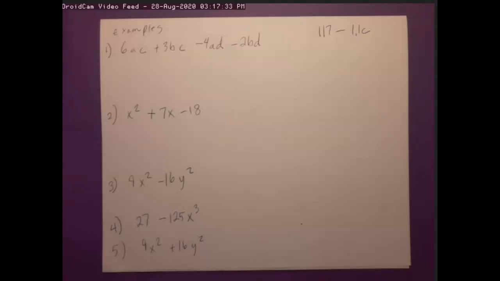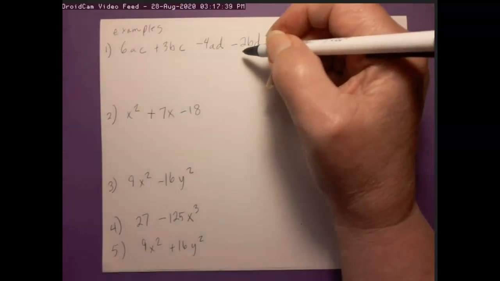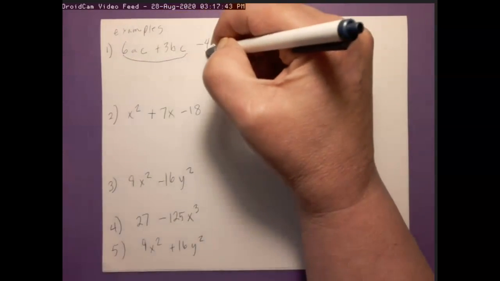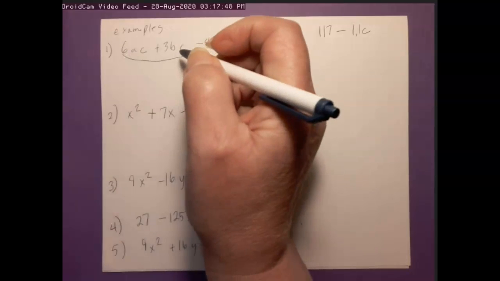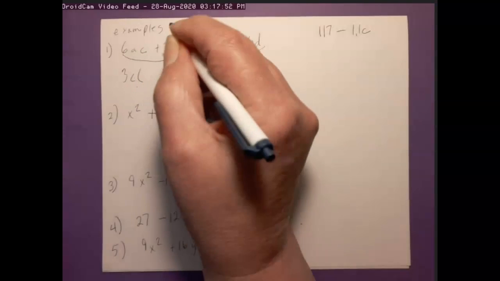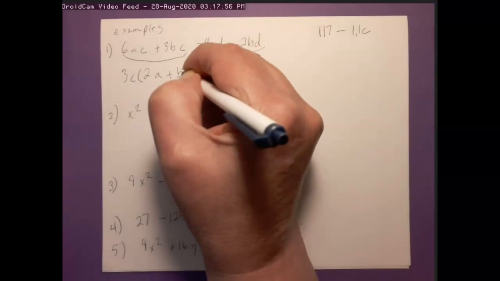So the first problem here is a factor by grouping. And the procedure is, when I give you 4 terms, more than 3 terms is what you're looking for, you're going to group the first 2 to do a GCF, the second 2 do a GCF. So what they share here, the GCF is what they share. I'm going to pull out 3c, and I'll be left with 2a plus b.